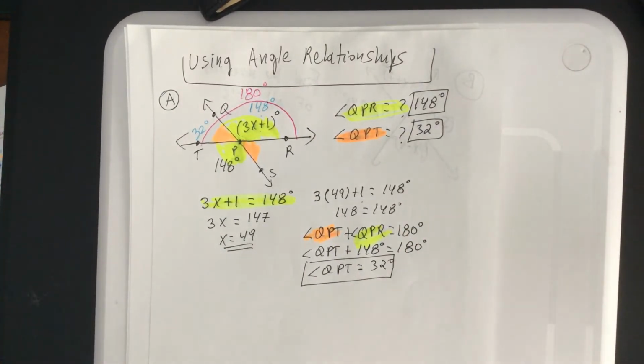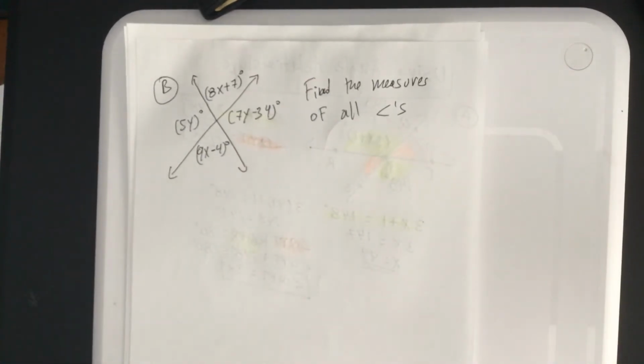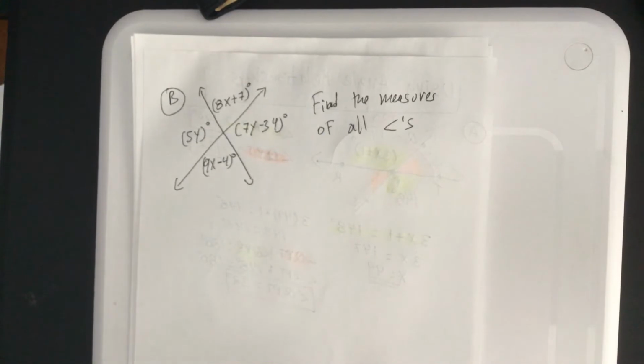Simple, right? Now let's take a look at another example. Right here, we have again two lines crossing each other. They want you to find the measure of all of the angles, okay? But before you do that, you need to find the value of x and the value of y.